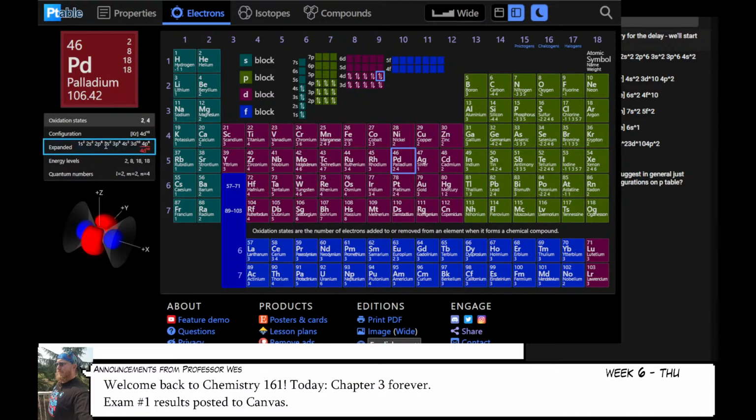So don't just copy this into your test or quiz, because if it's a weird exception like palladium, I have not programmed it to do that. I'm not testing you on your ability to look up the answer here. I'm testing you on your ability to understand how to write an electron configuration. And if you just copied this for palladium, Canvas would mark it wrong, because what I would expect is that you'd be putting in krypton 5s2 4d8, because that isn't an exception that we talked about.